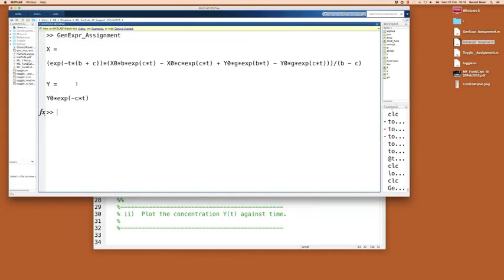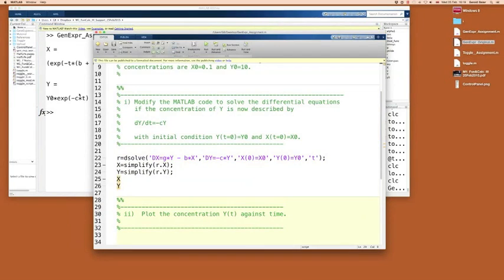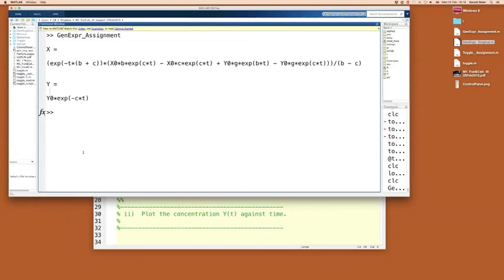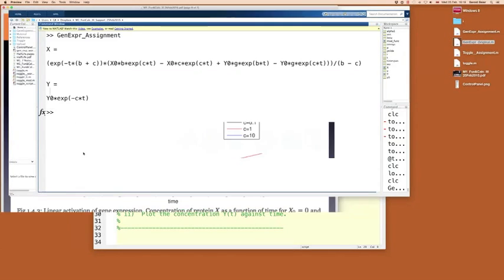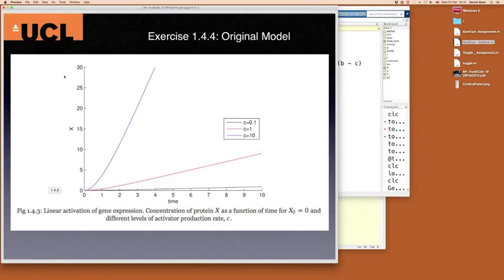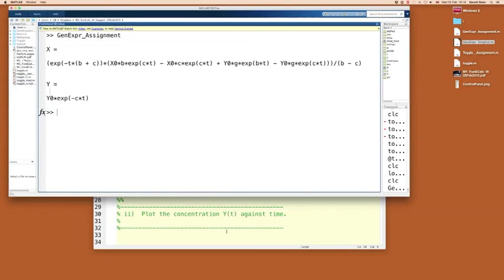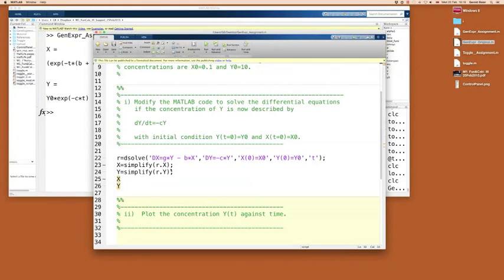I forgot to show you what it looked like before, but we didn't have this same function for y in the original model. So that was the original plot for the previous case, but now we've got a different form for y. Okay, so that's the first part done, I think. You'll agree? That's the first part done.